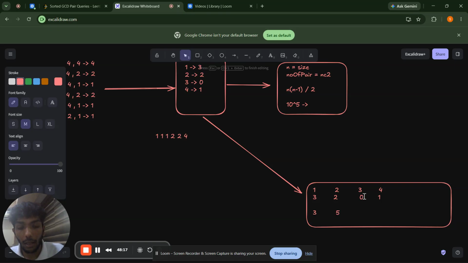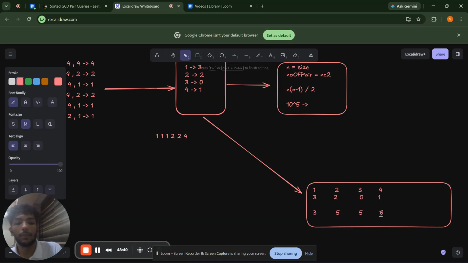For 3, how many pairs have been encountered whose GCD is less than or equal to 3? Okay, so for 3 we have 0, for 2 we have 2, and for 1 we have 3. So 3 plus 2 plus 0 is 5. And then 4, all the previous sum is 5, and for here, 1 itself of 4.